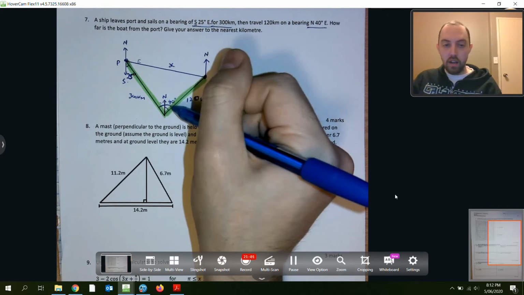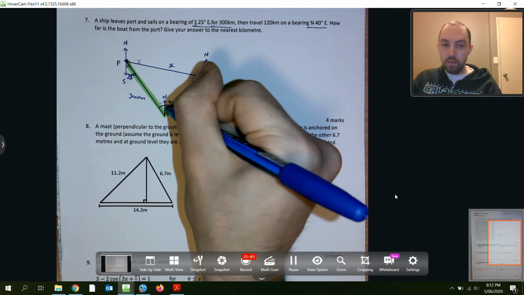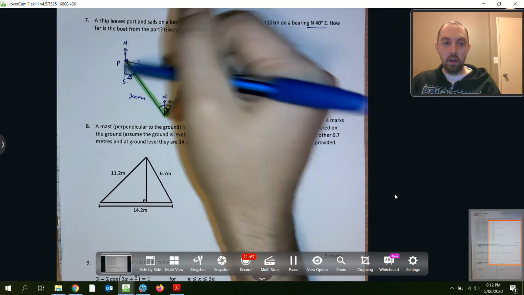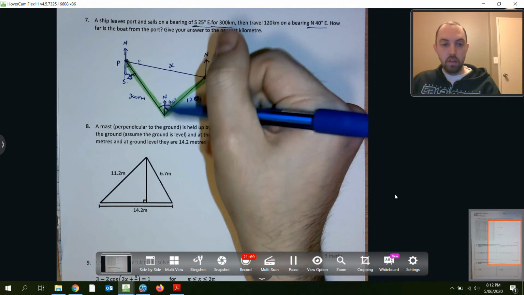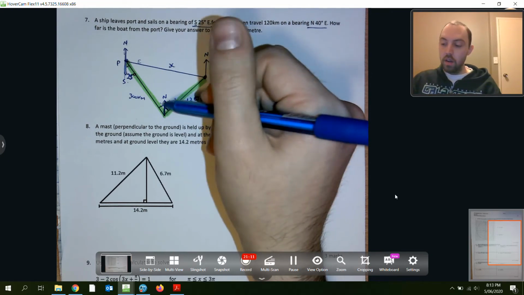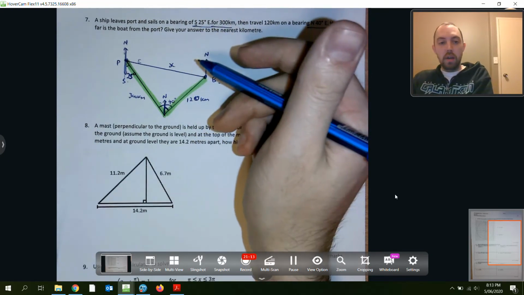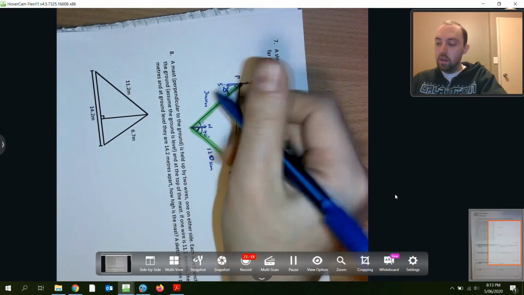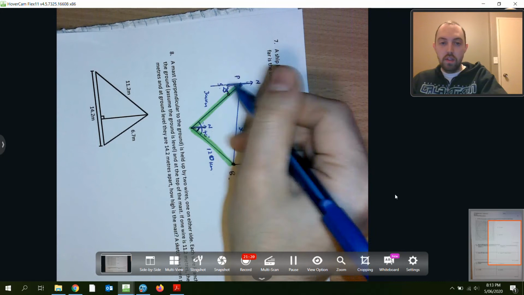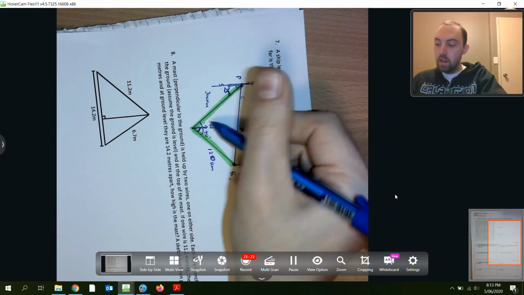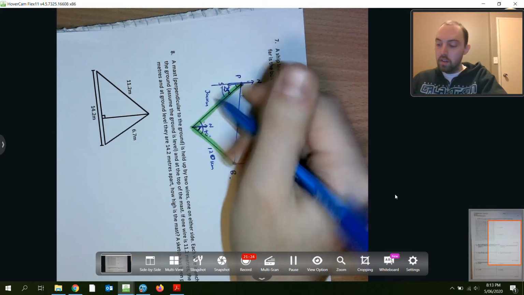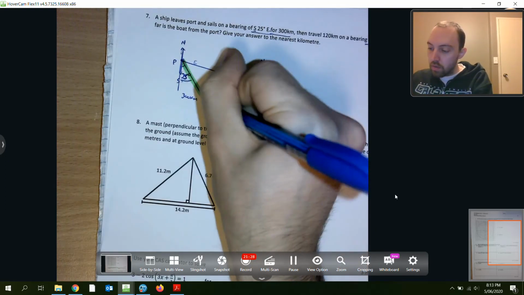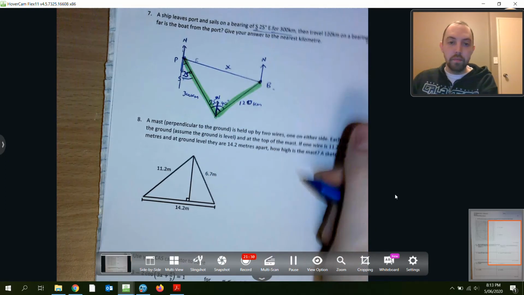Can I find this entire angle? Well, I know part of it is 40, and because north-south is parallel to north-south here, you have a Z. This angle in here is equal to this angle in here, 25 degrees.